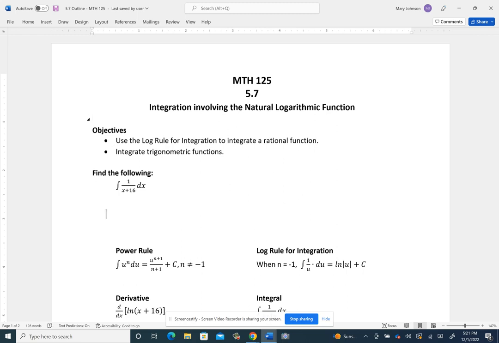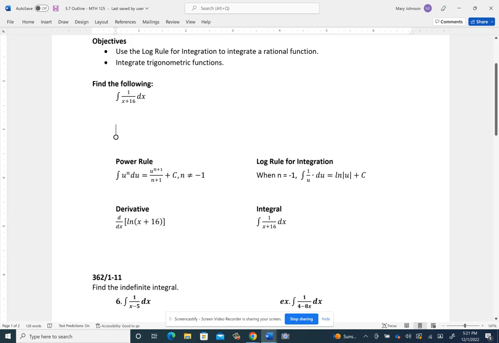In here we're trying to learn how to integrate something like 1 over x plus 16 dx.